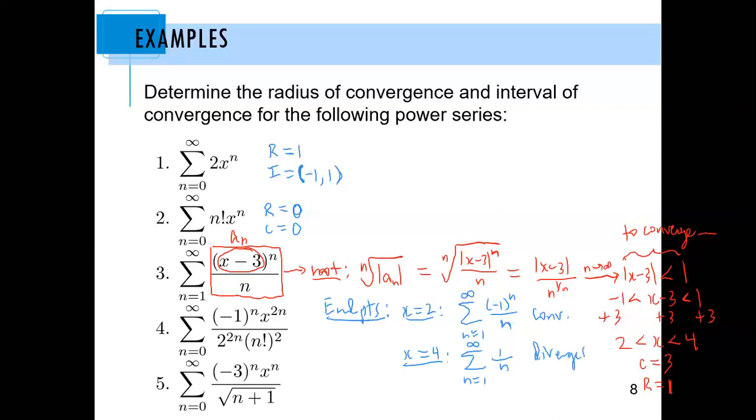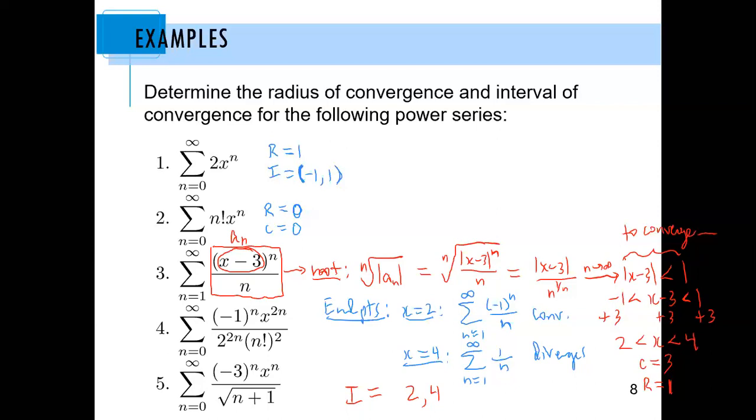Okay? So what is the interval of convergence? Up until I looked at the actual endpoints, I didn't know whether I was going to have convergence on one side or the other, but now I do. I'm allowed to plug in 2, but I am not allowed to plug in 4.